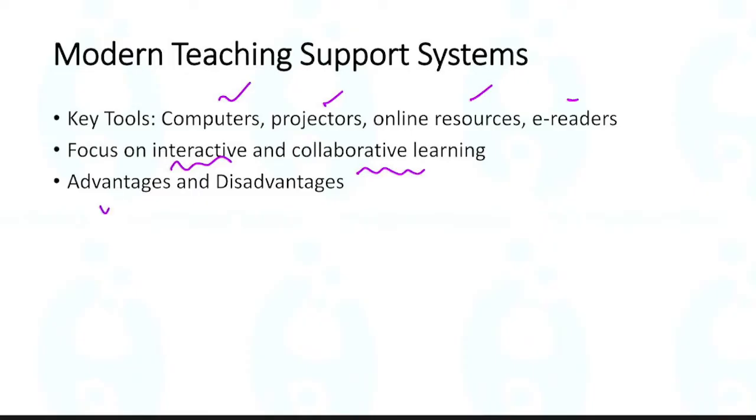That is one of the advantages of our modern approach. But apart from that, the practicality, the discoveries, the group activities, they focus on internet, library, outside experts. All these are going to be modern teaching support system approaches.